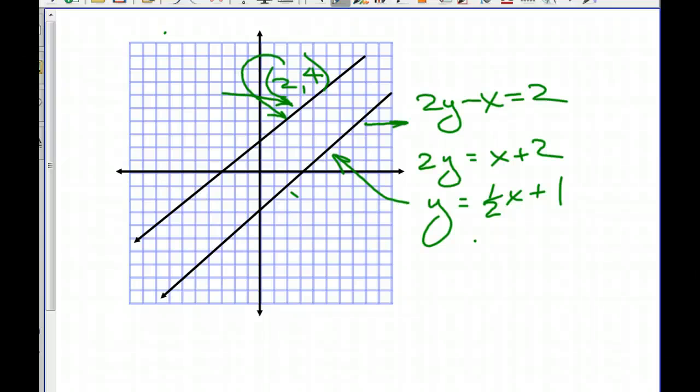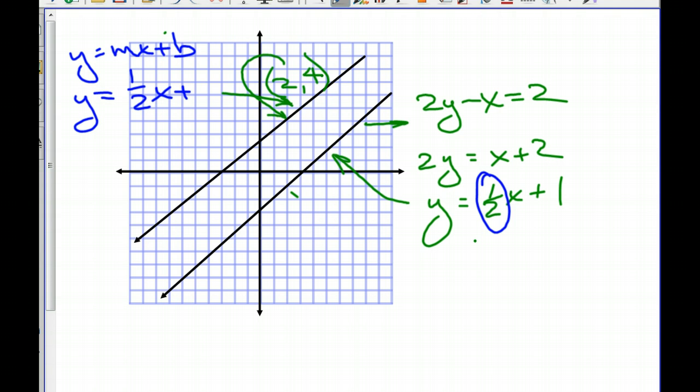Okay, so we go through point (2, 4). In order to find that equation, we do our y = mx + b, because that is the formula you use for a line. We know that our slopes are the same, so our slope for this new line is the same.